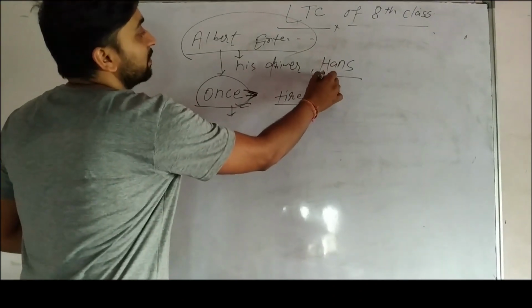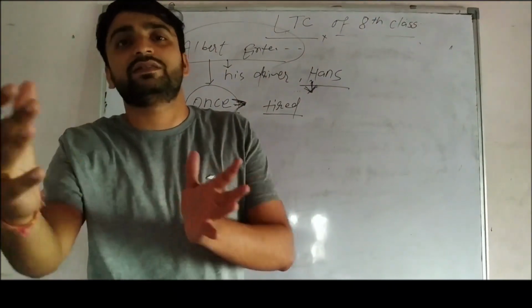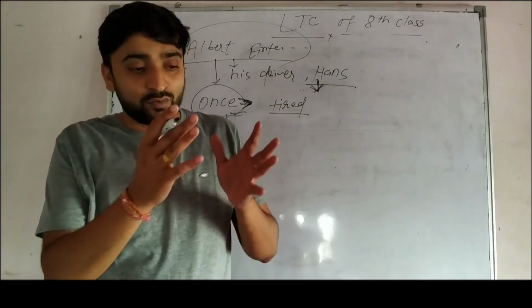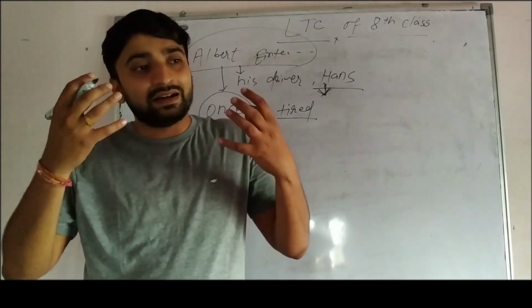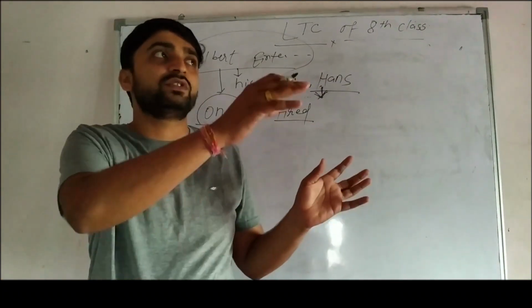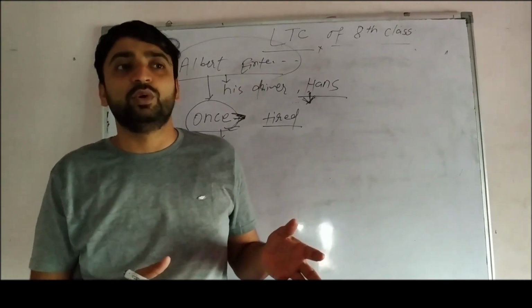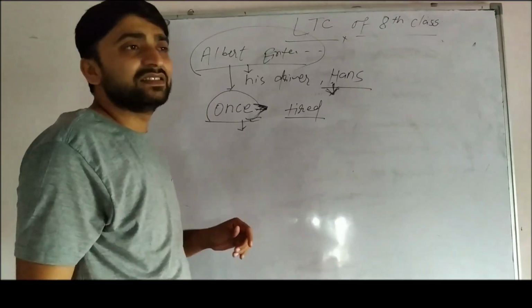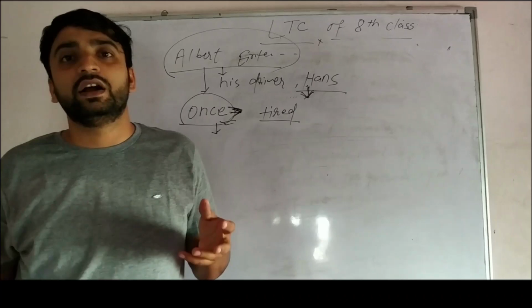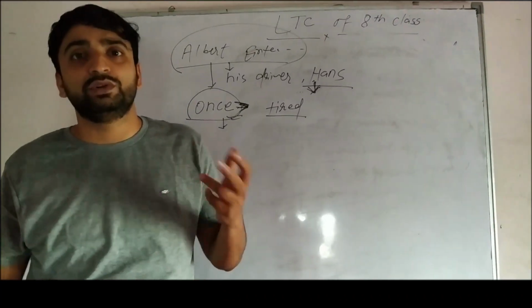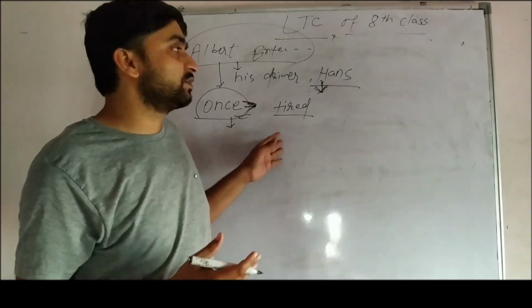His driver Hans suggested that he could give the lecture in place of Einstein. Hans suggested, "I could give the lecture instead of you, because I have remembered whatever you used to tell in other universities." Einstein agreed, but asked, "If anybody asks you questions about physics, what would you answer?" Hans said there would be no problem.